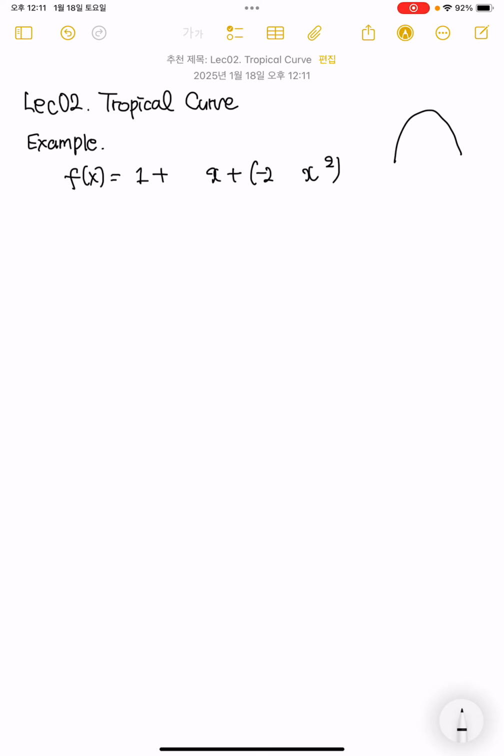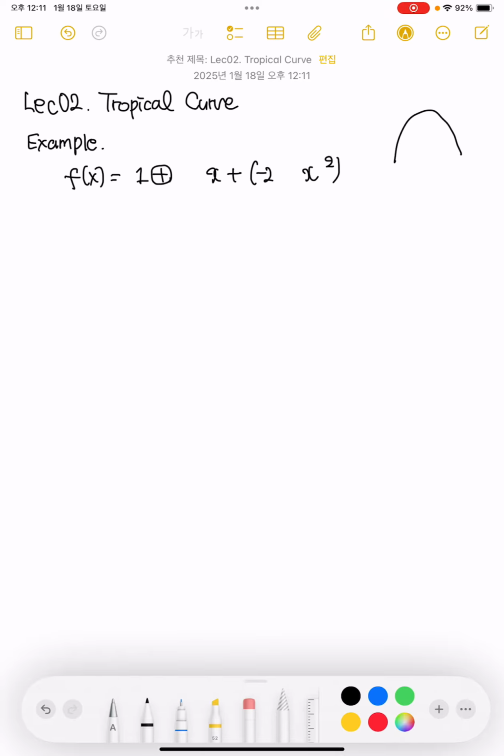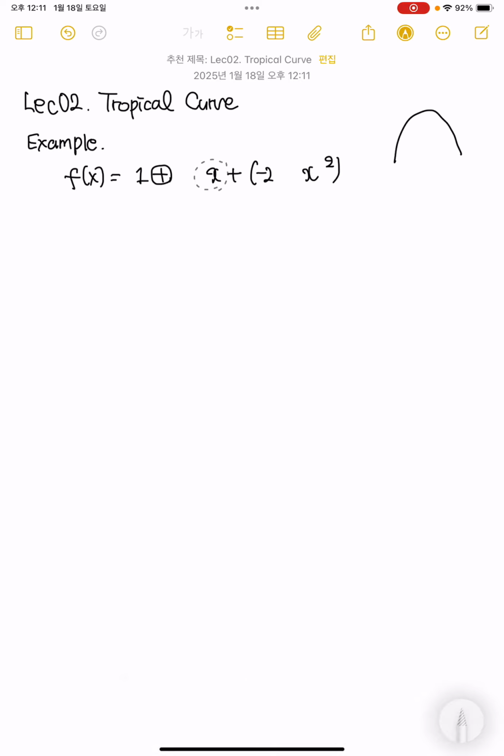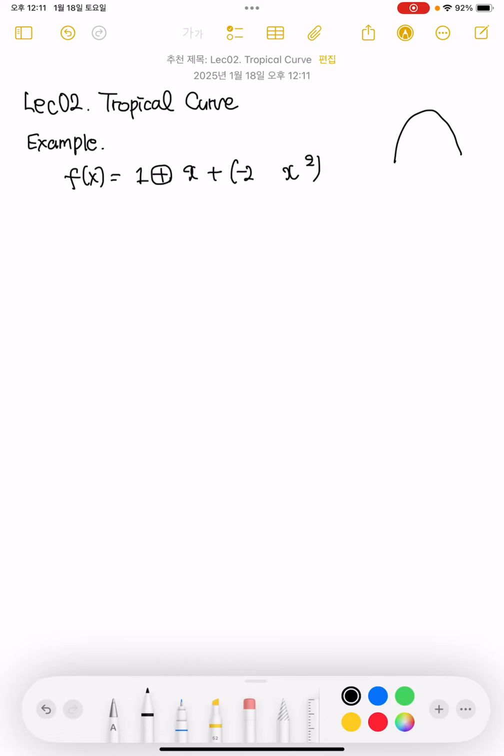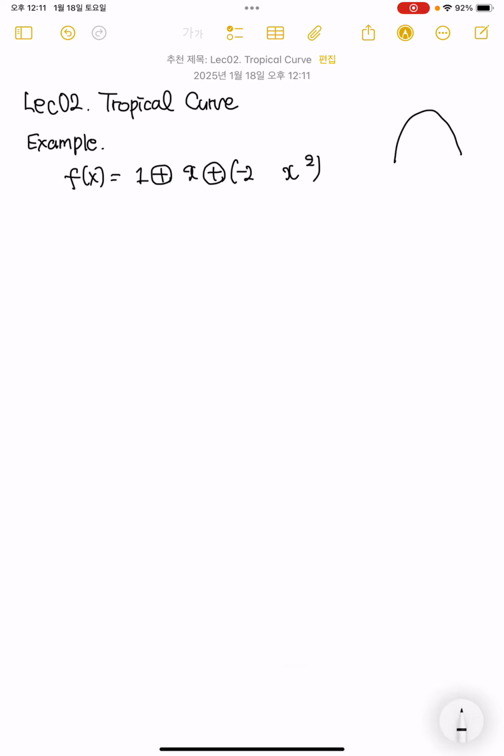However, we live in a tropical world, so our operations will change. A tropical sum. We live in a tropical world, so addition should be changed to the tropical sum, and the multiplication should be changed to tropical multiplication.